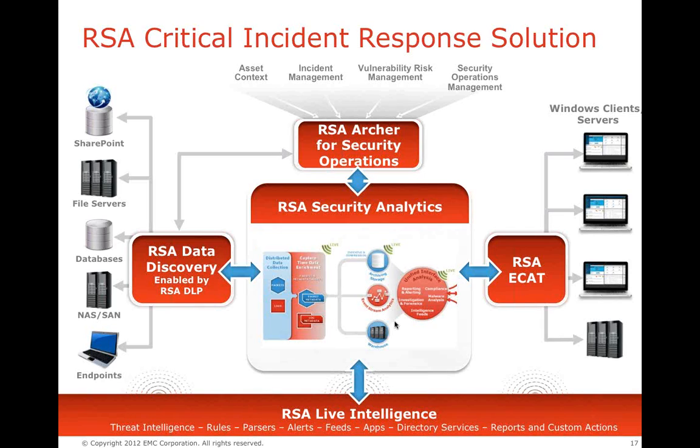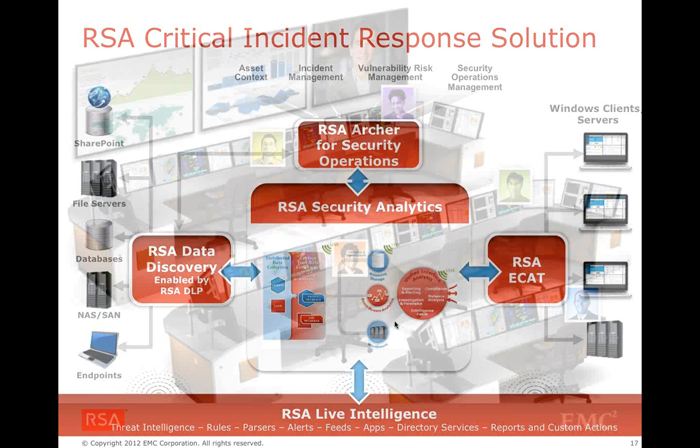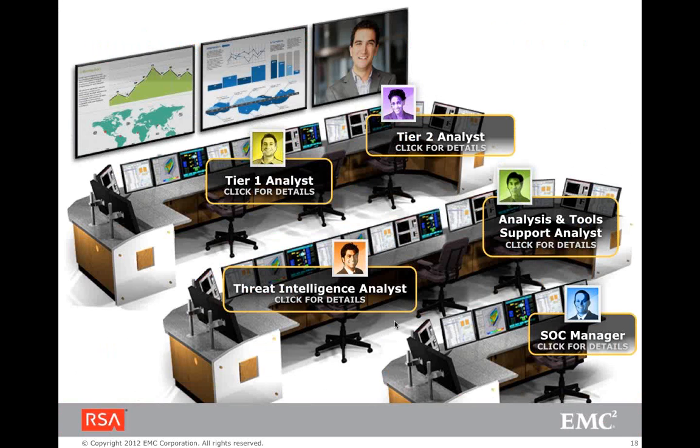For example, in a typical SOC, the way we see typical SOC, there will be a tier 1 analyst, there will be a tier 2 analyst, there will be a threat intelligence analyst, there will be a SOC manager. All of these different personas would be doing different things. And all of these people have to have a workbench for them to work on.